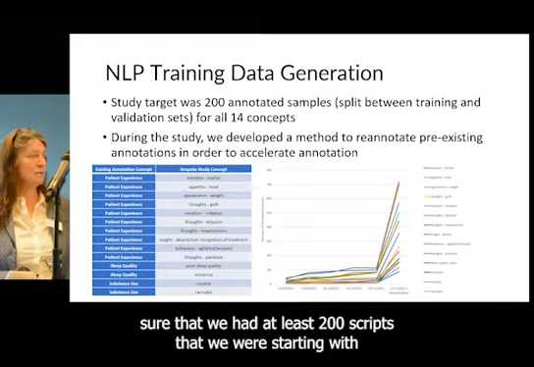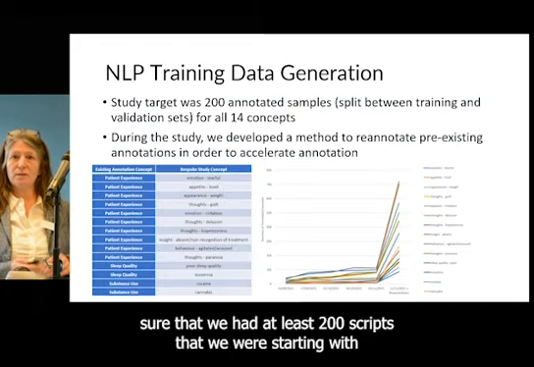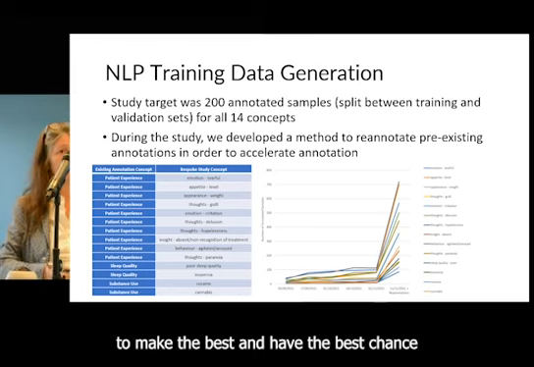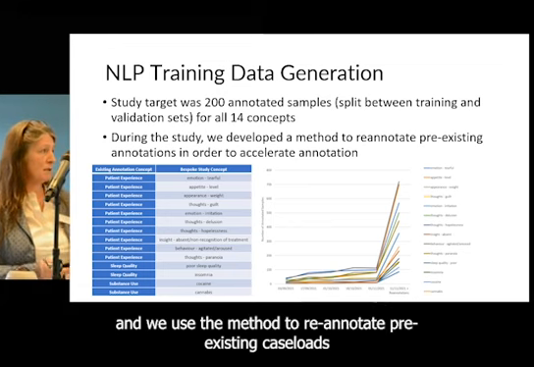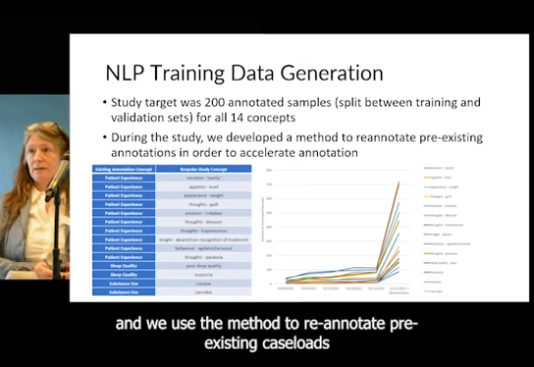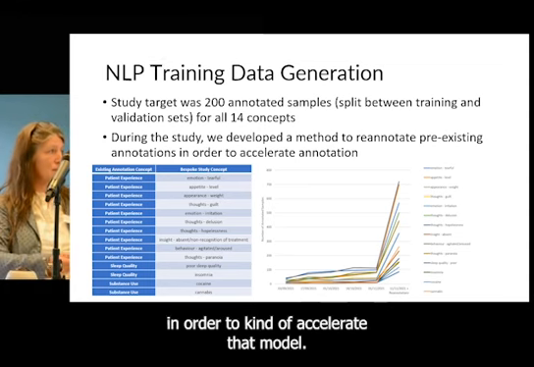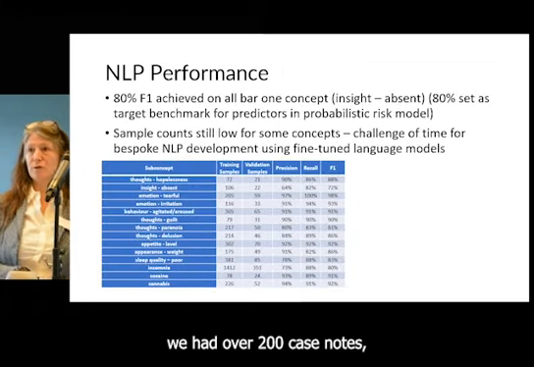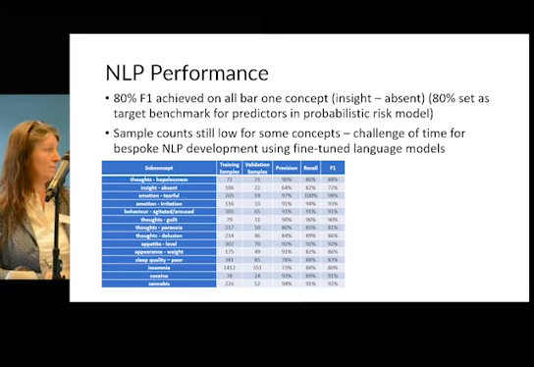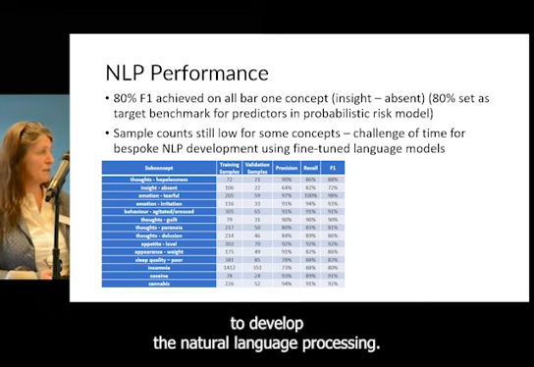We wanted to make sure that we had at least 200 scripts that we were starting with to have the best chance of accurate data being extracted, and we used a method to re-annotate pre-existing case notes in order to kind of accelerate that model. And what you can see here on this graph is that the large majority of these, we had over 200 case notes to develop the natural language processing.